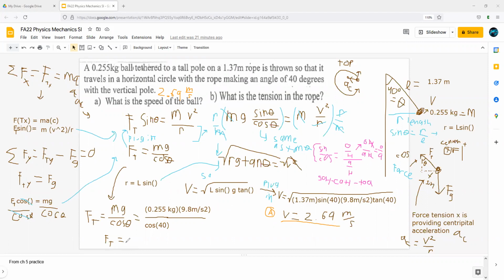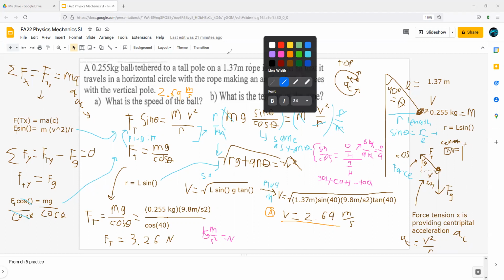Go ahead and plug that in. I got 3.26 newtons, right? Because you have kilograms, meters, seconds squared. And that's your force, so you expect that. That's your B value.